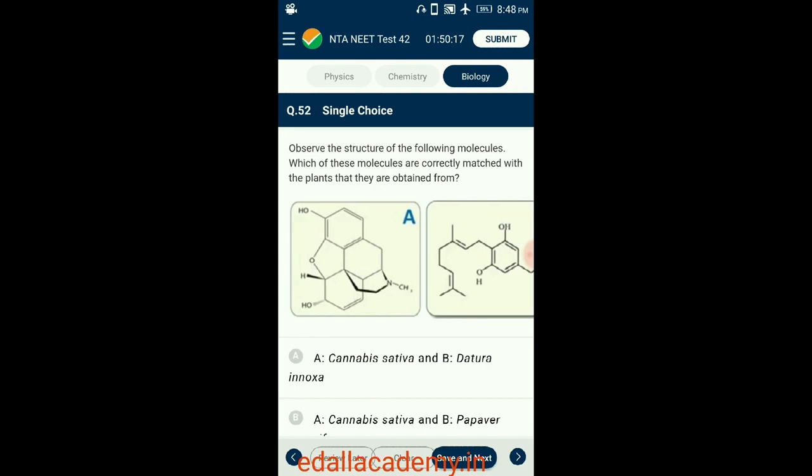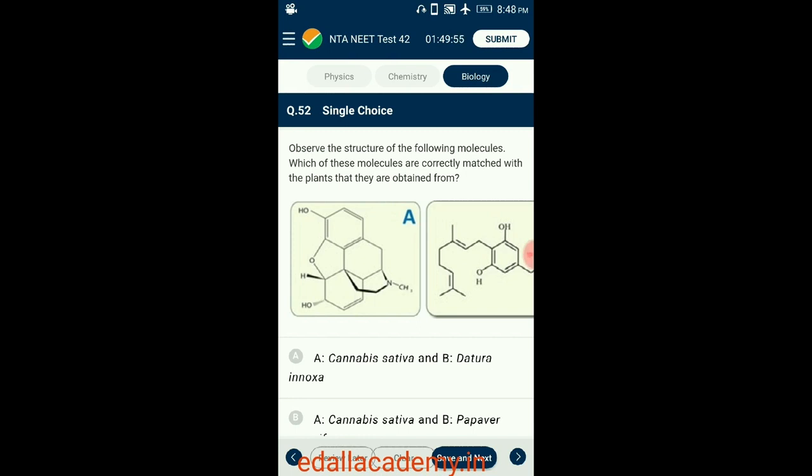Question number 52. Observe the structure of the following molecules. Which of these molecules are correctly matched with the plants that they are obtained from? Structure A is of morphine molecule. It is an opioid and obtained from the opium plant Papaver somniferum.